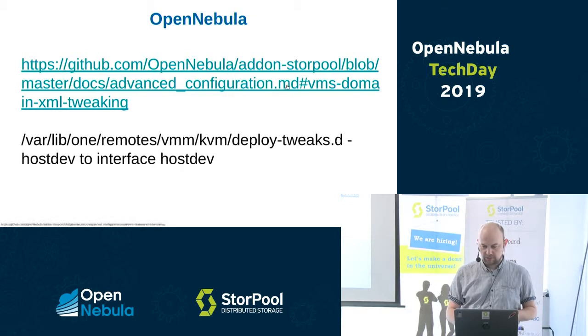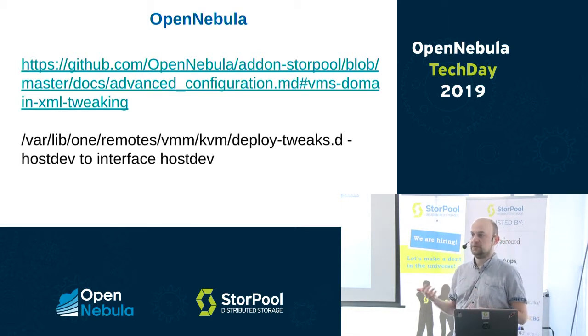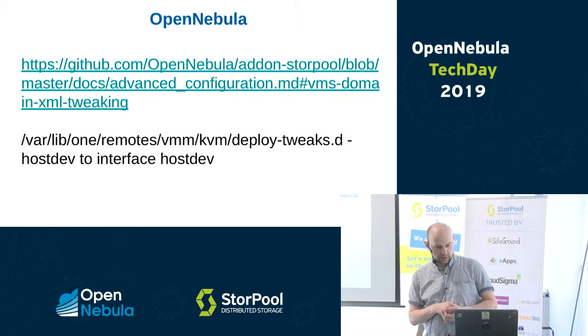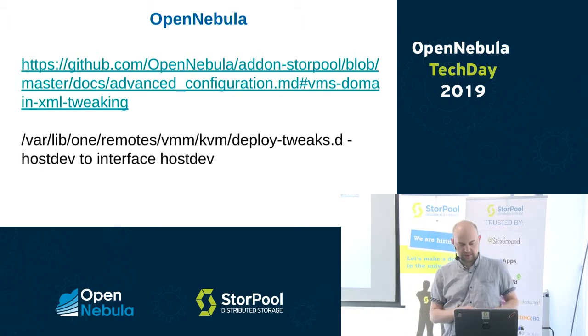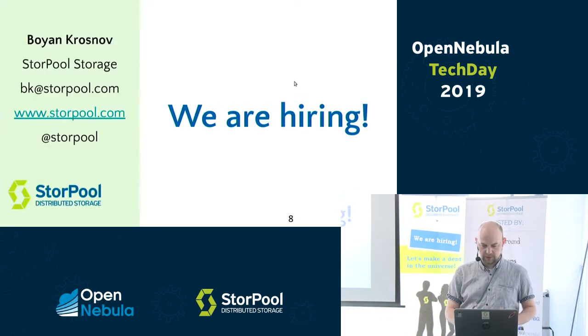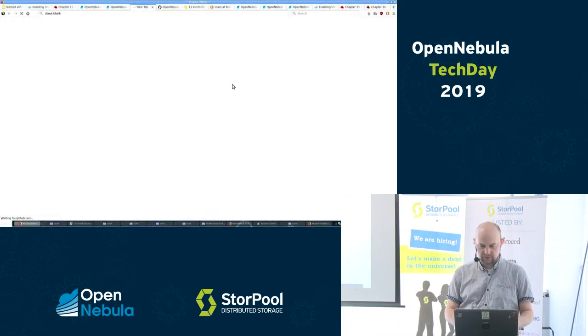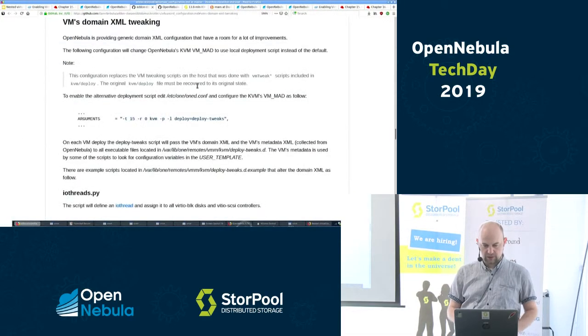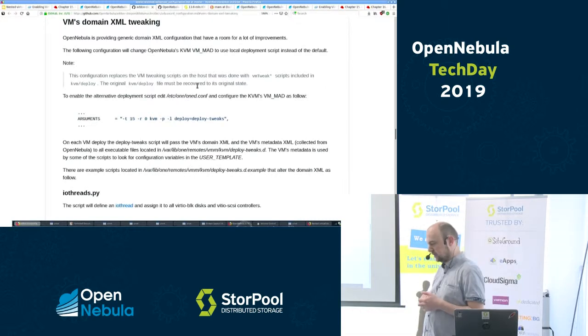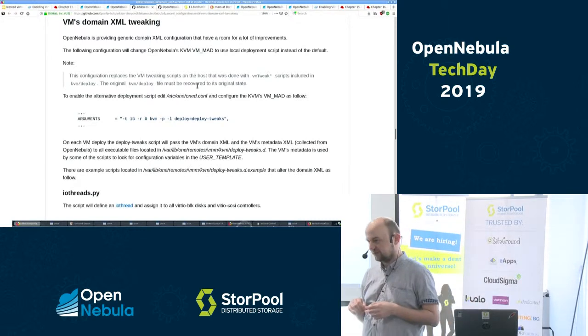Further, there was some functionality which we needed and wasn't available in upstream OpenNebula. So what I ended up doing is another one of our customizations or tweaks to OpenNebula.